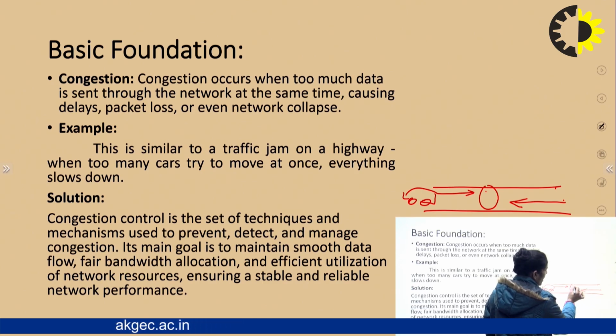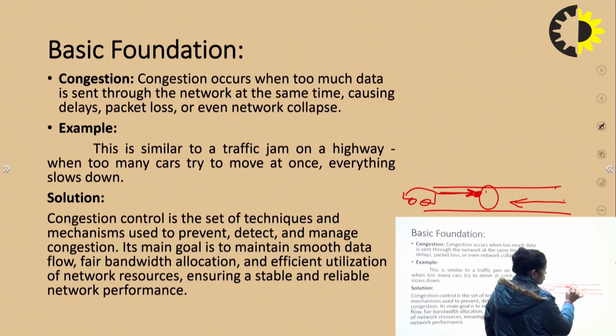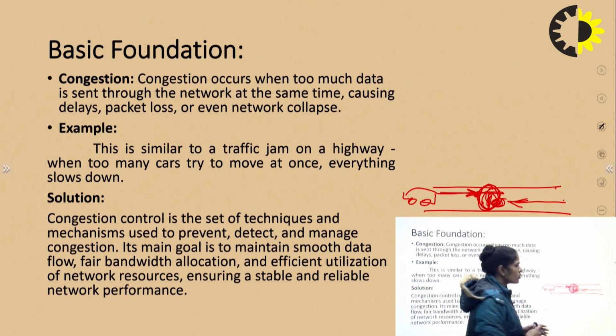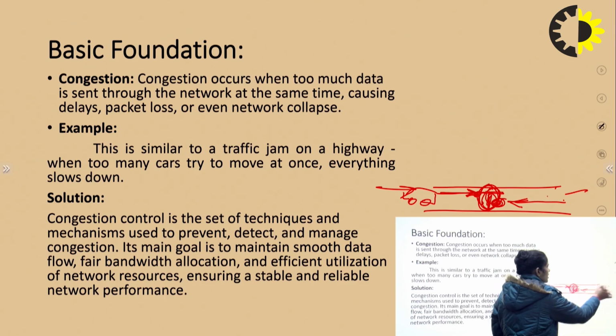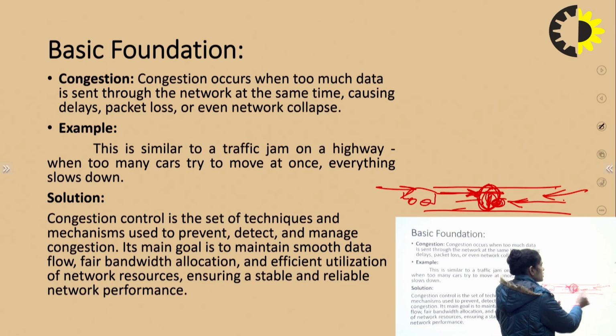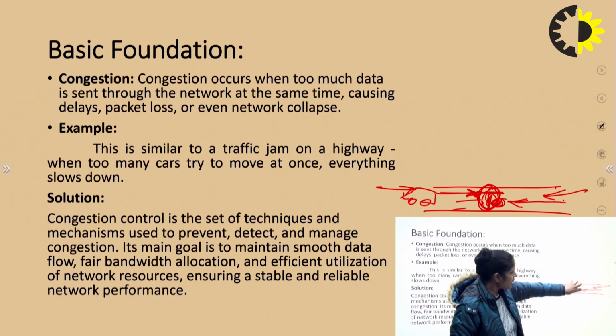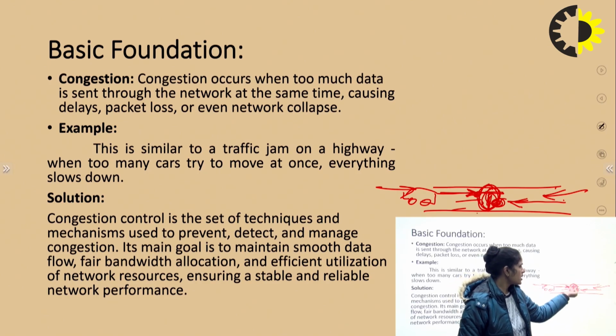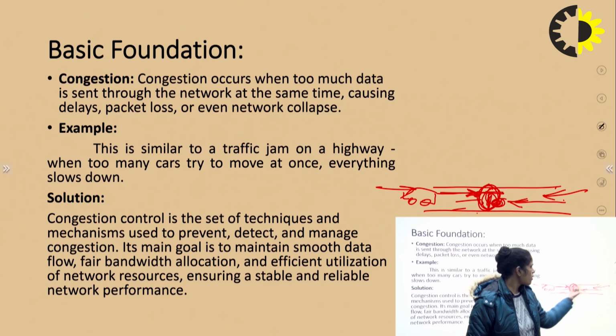So here we have the situation, let's say this particular car is moving in this direction and comes to this point, and this car is also moving in this direction and comes to this point. At this situation both cars are stuck, and there is a jam here. Now the new incoming cars from both directions are stuck in this area. So this is congestion, because this situation stops the process of the moving cars, right?